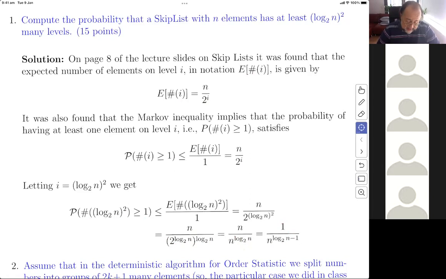So you might expect to see something like that. I might take one piece of a derivation of the runtime of a randomized algorithm and ask you to evaluate something specific.